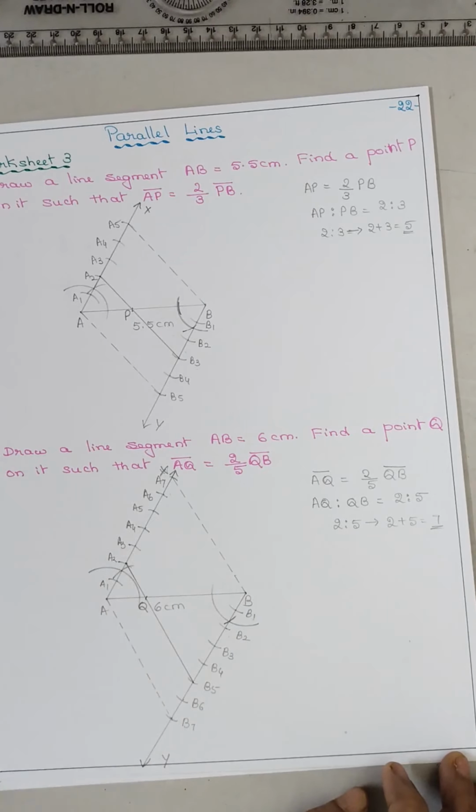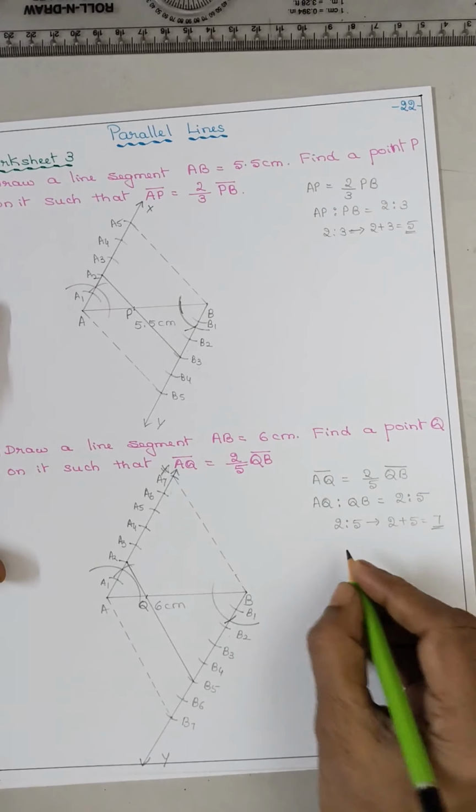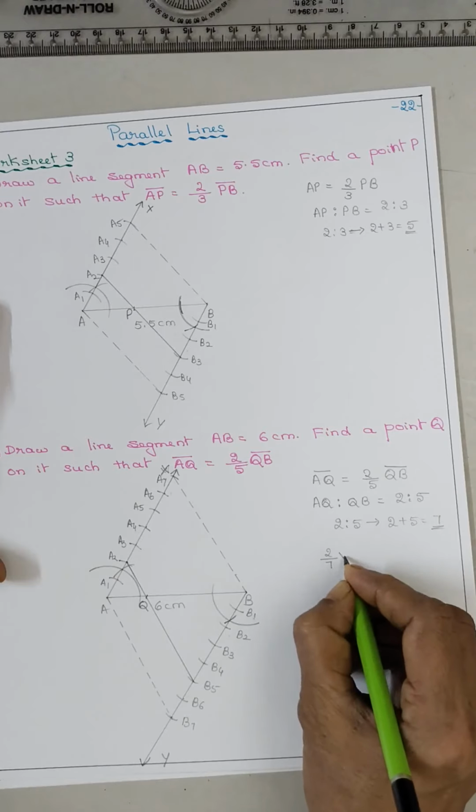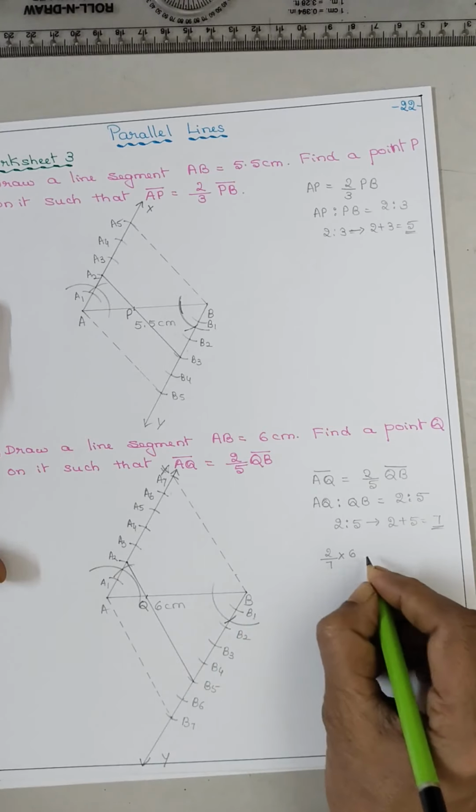Okay. If they ask you to find out the measurement, then what do we have to do? You find out: 2/7 into 6.